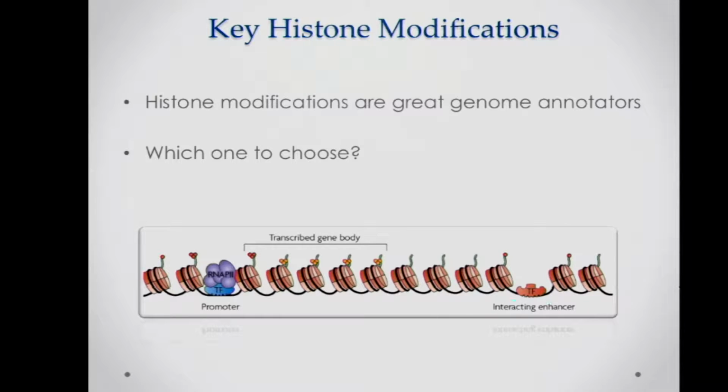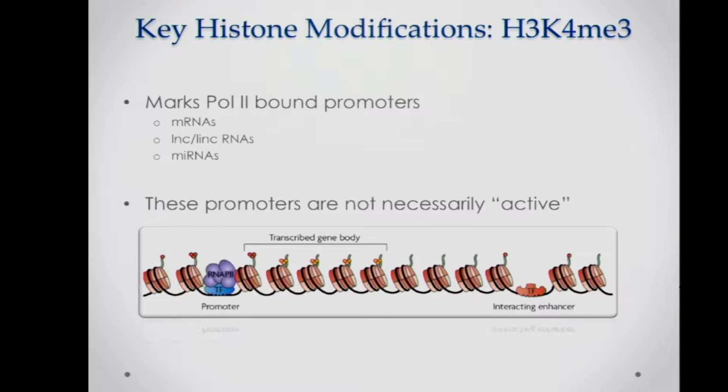While this picture down here isn't annotated yet, there are histone modifications that can tell us where Pol2 bound promoters are in the genome. There are histone modifications that mark transcribed gene bodies. And then there are histone modifications that mark distal or proximal enhancer elements in the genome, right? We'll go through some of these marks.